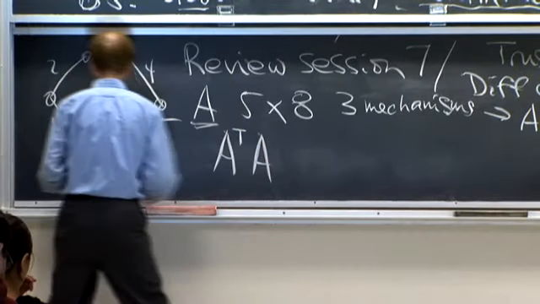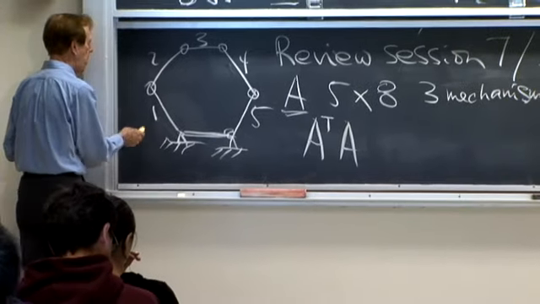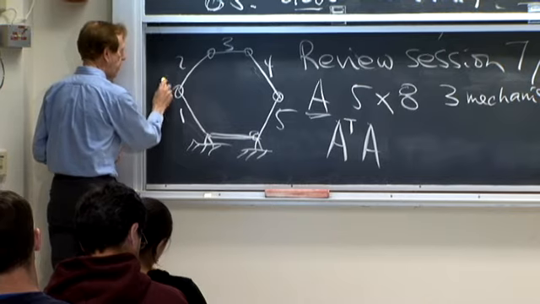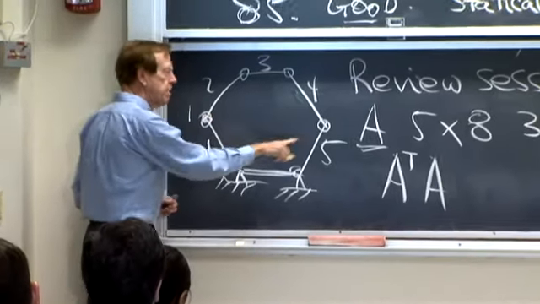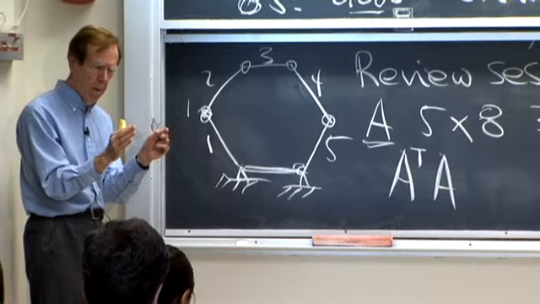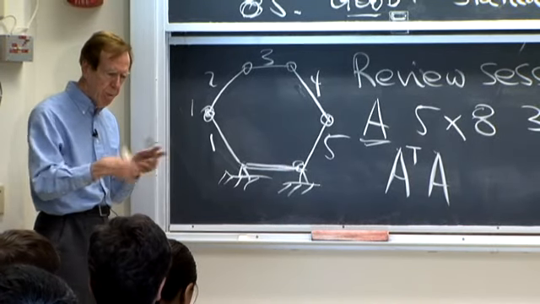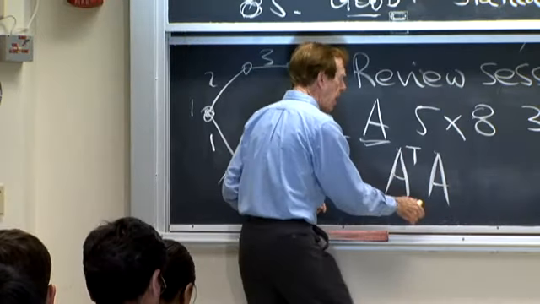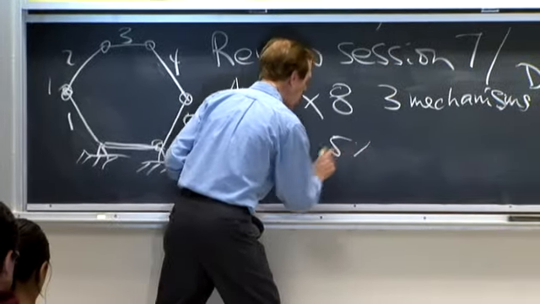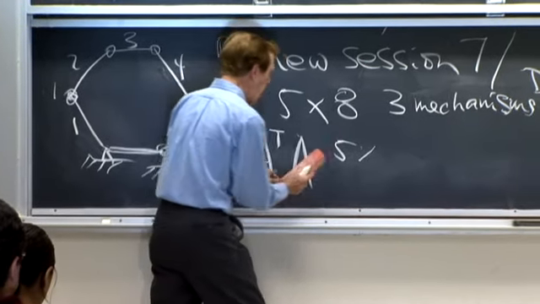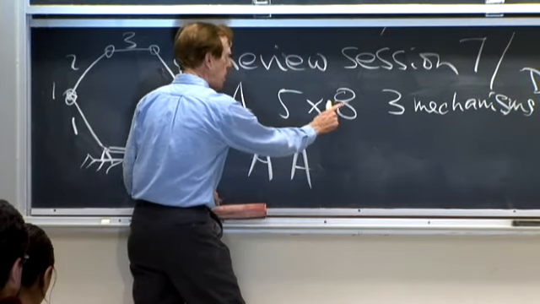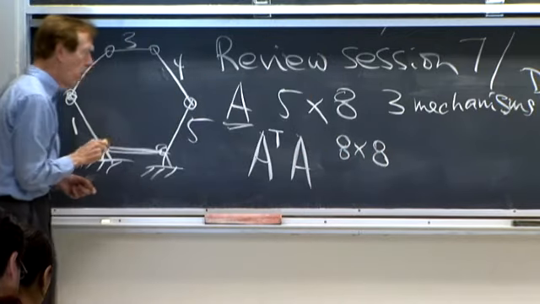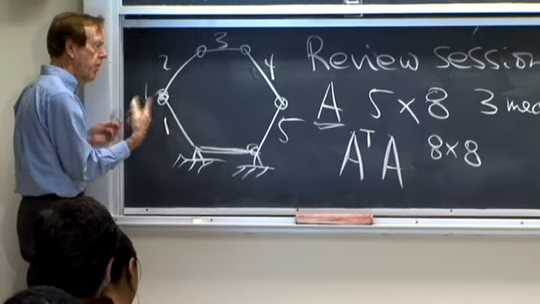Maybe we could even take this one as an example. If I number the nodes, if that's my first node, A transpose A, you remember, is square. The bar part is built into it, but its size is n by n. Its size is, no, what? 8 by 8, right. It's got to do with the number of, okay. So what will its first row be about?